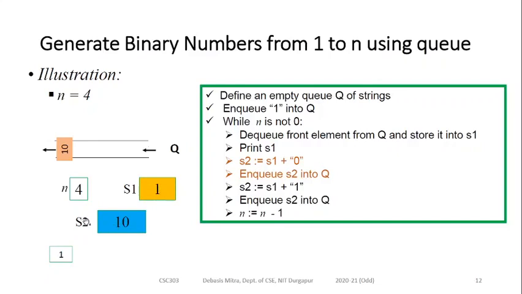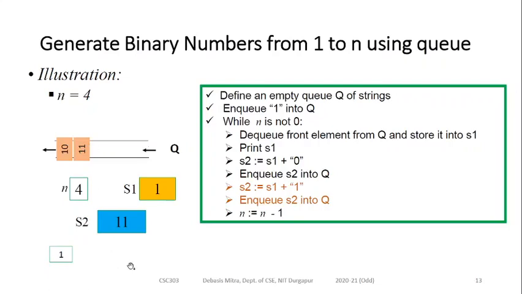So this 10 will be the current state of s2, and then we will enqueue that s2 into queue also. Similarly, in the next step, we will update s2 by appending 1 after s1. Okay. So 11. So now s2 will become 11 and we'll enqueue that into the queue.